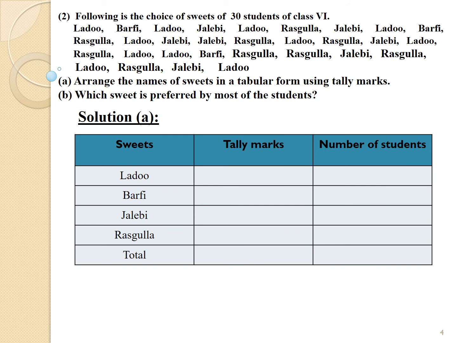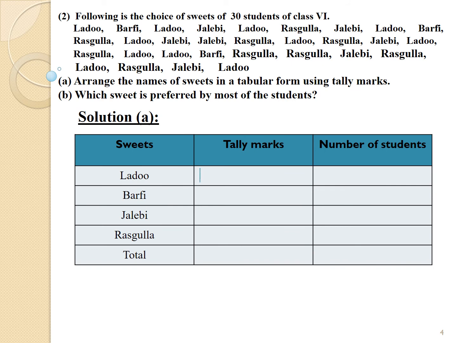So let's solve question number 2. It is given to you laddu. So in front of laddu in the second column you have to draw a vertical line, that is a tally mark.